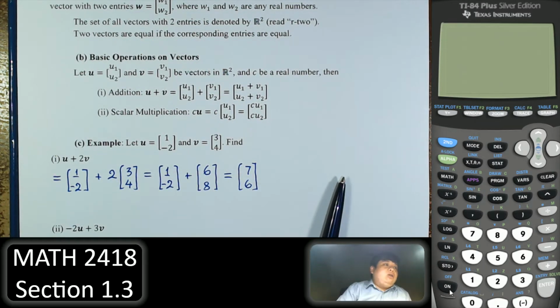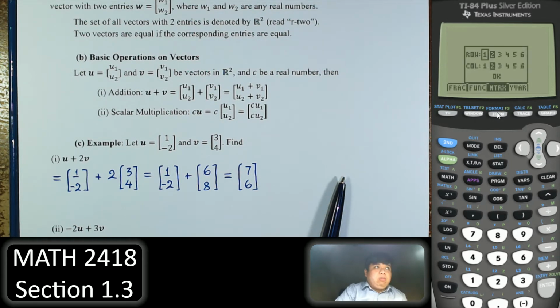Now, on the calculator, of course, we can add matrices. Once again, alpha zoom if we want the matrix, but it is better we just add using lists. You see above numbers 1 to 6, there's L1, L2, L3 all the way to L6. To get that, we hit second and a number, so we have the list. However, if we just want to work with something simple like this, we use second open parentheses. We have 1 and negative 2.